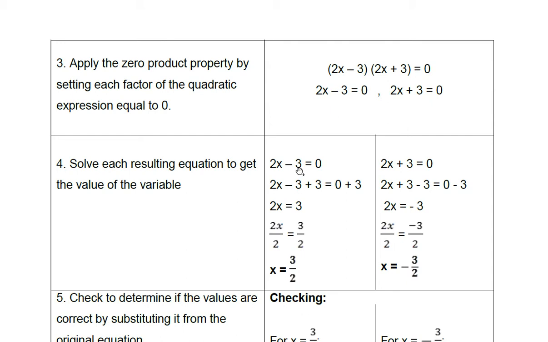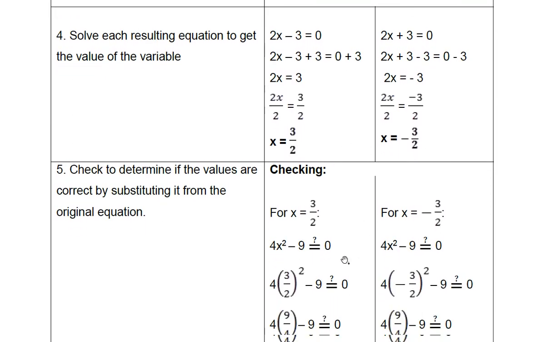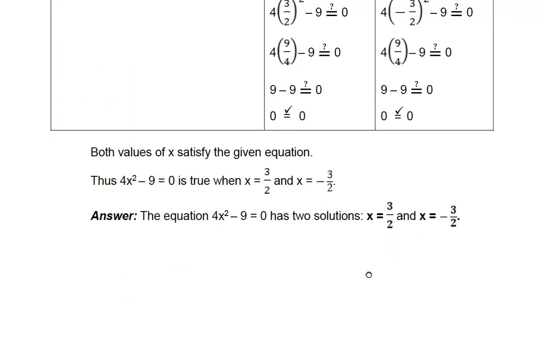So additive property of equality, so transpose natin sa kabila, from negative magiging positive, from positive magiging negative. Then divide both sides by 2, cancel, so remain yung x equals 2 halves, then negative 2 halves. Upon checking, that's how we check.